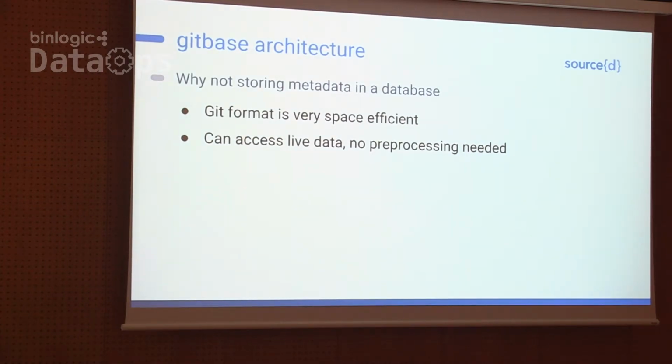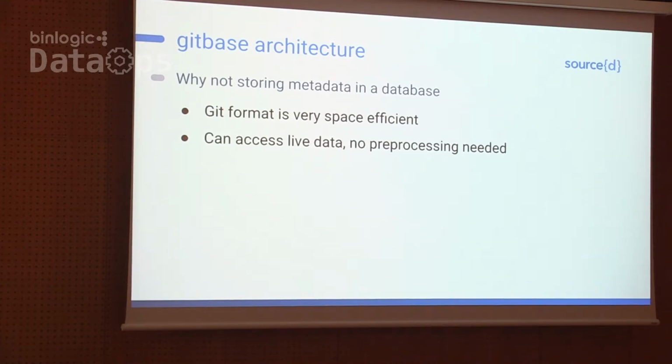Probably you are thinking, why don't you just cram all this data into a database and forget about creating this project? The thing is that the Git format is very, very space efficient. It deduplicates a lot of stuff, and it is really good at doing that.